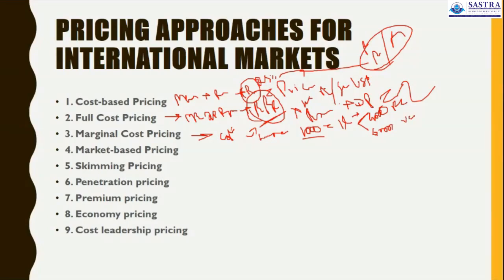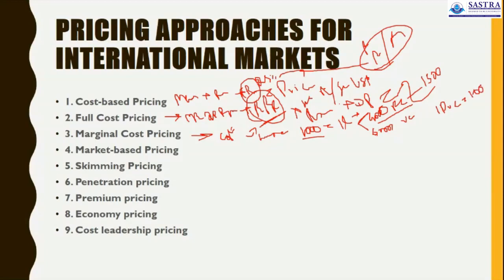You understand that this 40,000 rupees of fixed cost is valid up to 1,500 units, but I have manufactured only 1,000 units. So for the 1,000 units, this cost will be applicable. The cost per unit comes to 100 rupees.